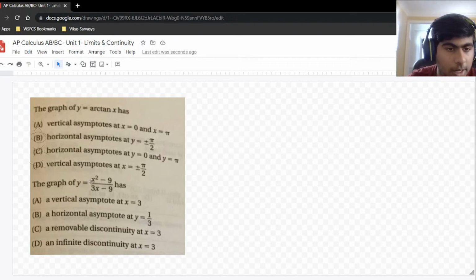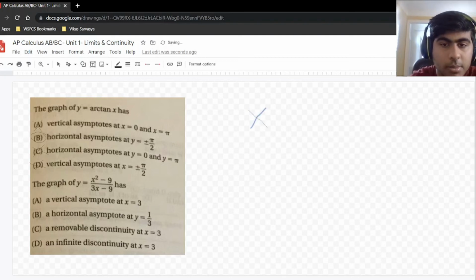The graph of y equals x squared minus 9 over 3x minus 9. Now, one thing we can notice is that at x equals 3, this function is undefined. It's the only value where it's undefined, right? So at x equals 3, well, we can factor it.